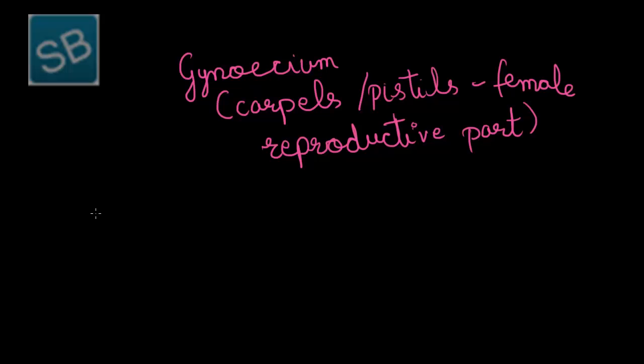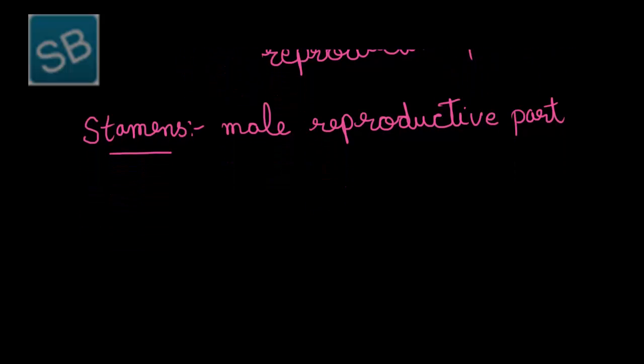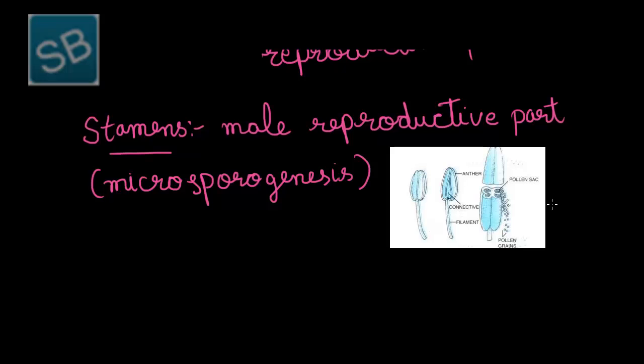Now, what are stamens and carpels? Stamens are the male reproductive organs of a flower, and the part that forms the entire male reproductive organ is androecium. This figure depicts the structure of a stamen.